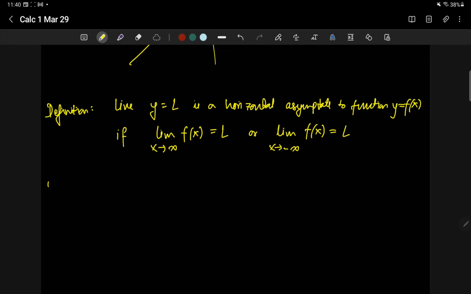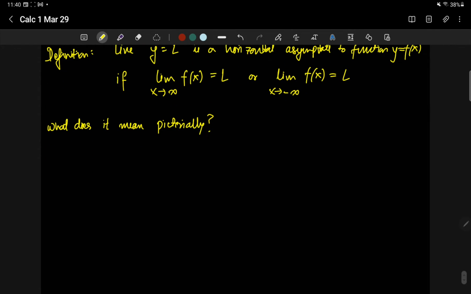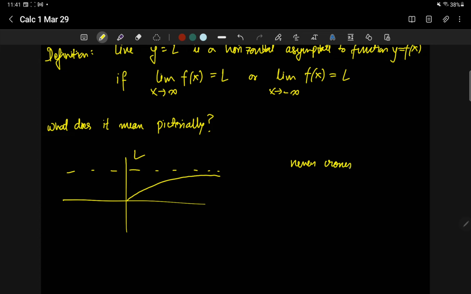Now, what does that mean pictorially? It means here is your L, suppose it's positive, then whatever your function does on this side, it can never cross the line L. Never crosses L on the right.